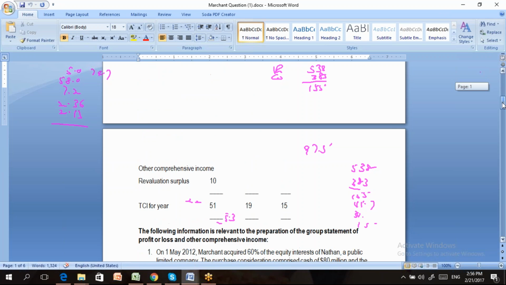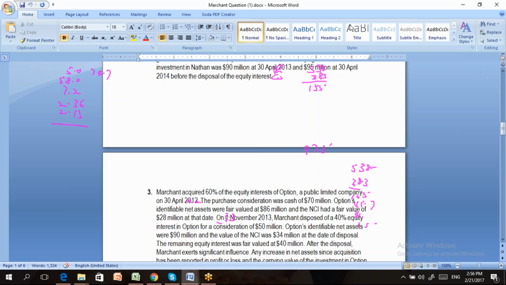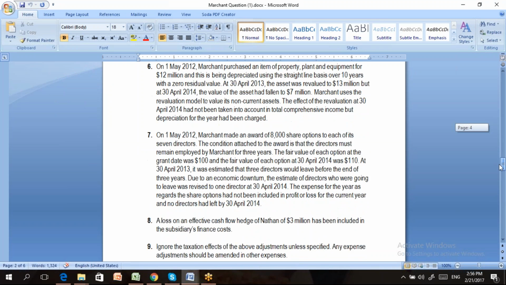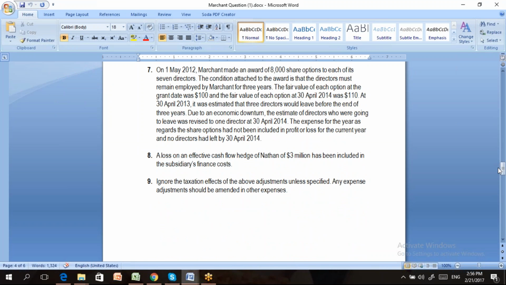I want to look at this one little adjustment. Think of this number 8. A loss on effective cash flow hedging has been included in the subsidiary's finance cost. Where should it appear? So when the subsidiary says the finance cost is 6, it includes this 3 million.